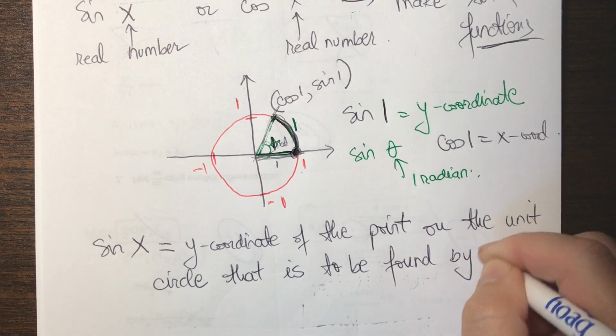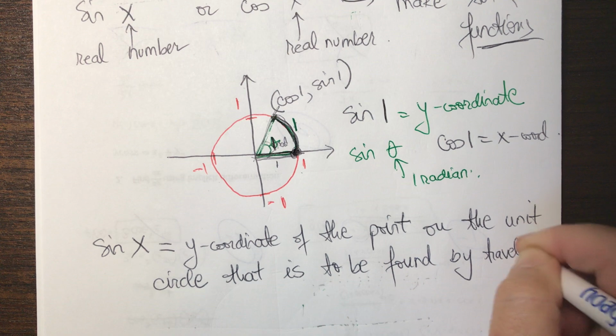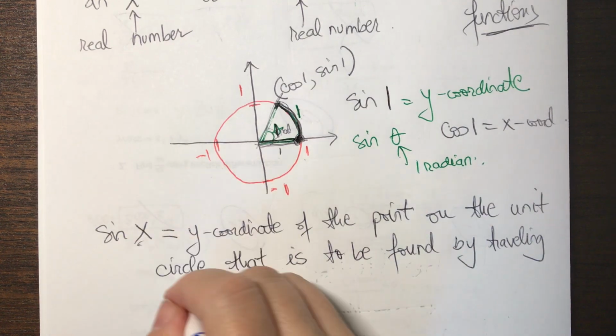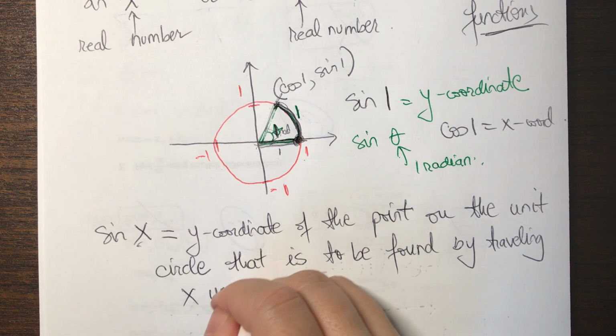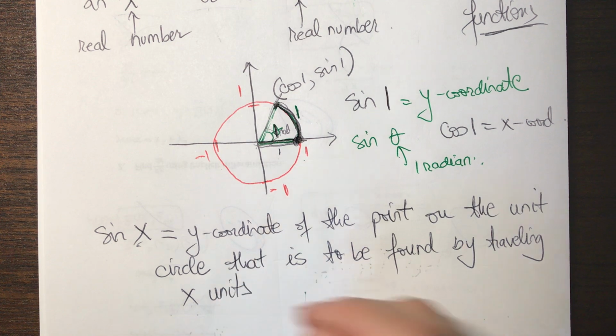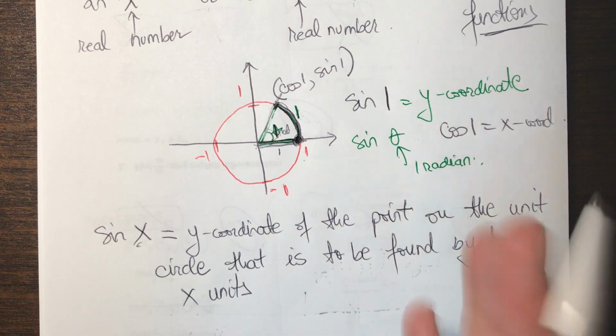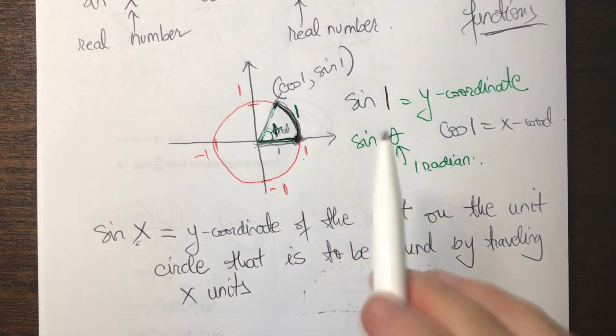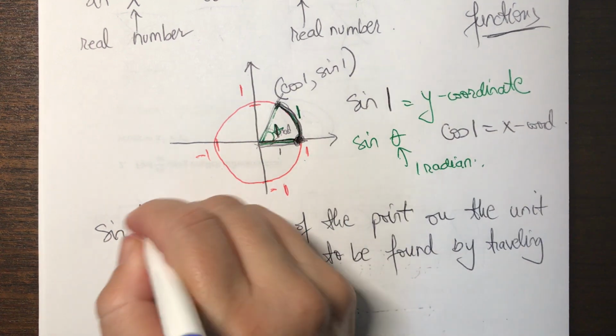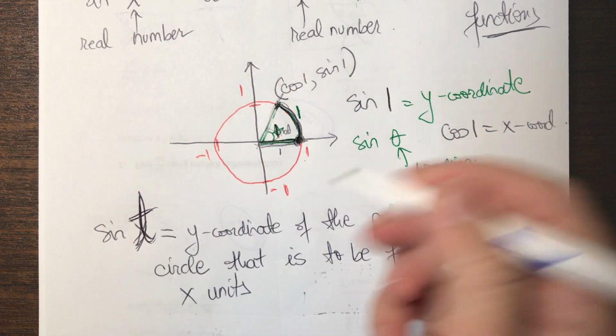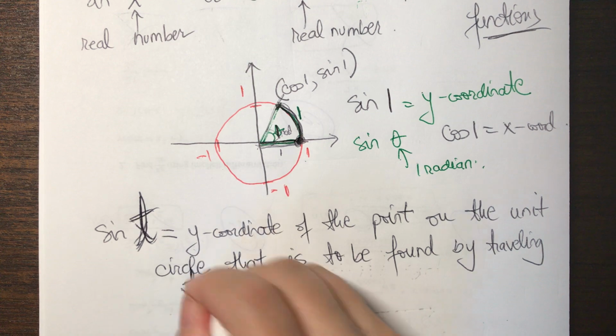by traveling x units, maybe I shouldn't say x, it's not the same as the coordinate. Fine, I'll call it a t, so we don't confuse the x and the y coordinate. Call it a t.